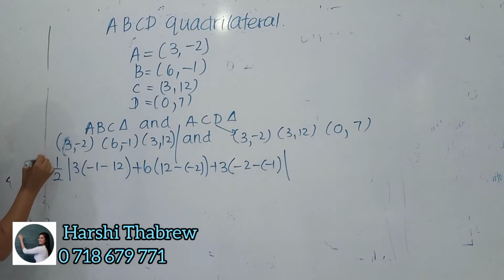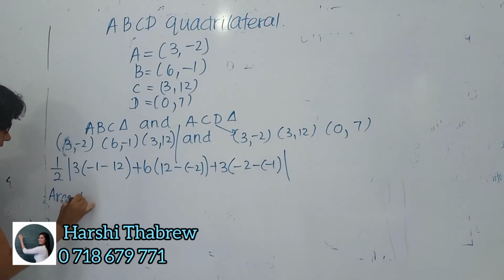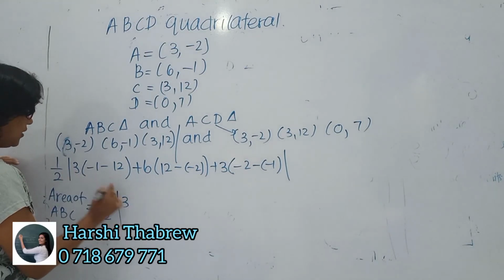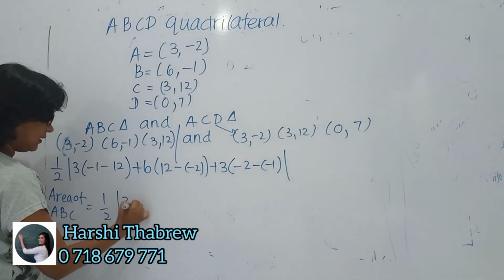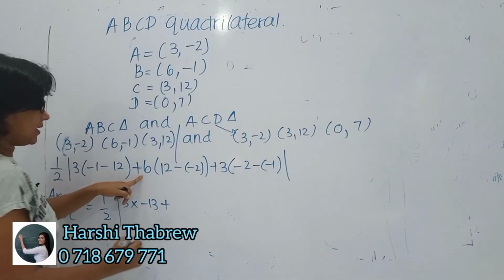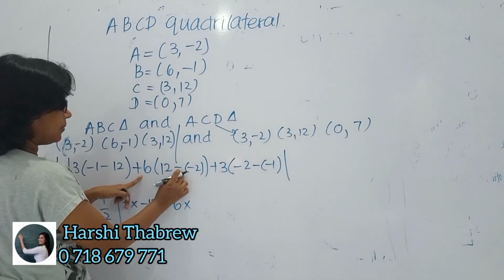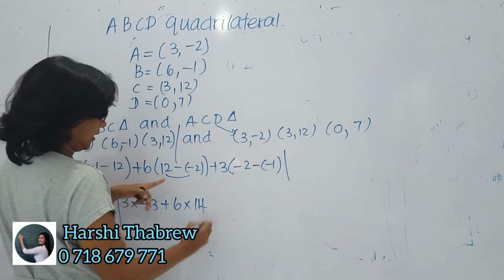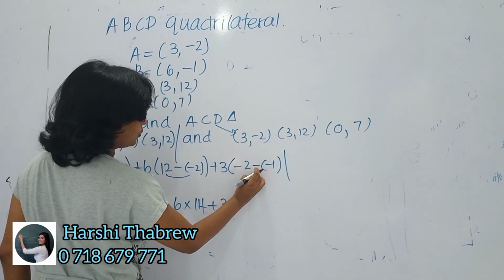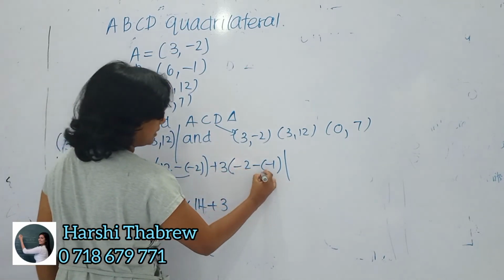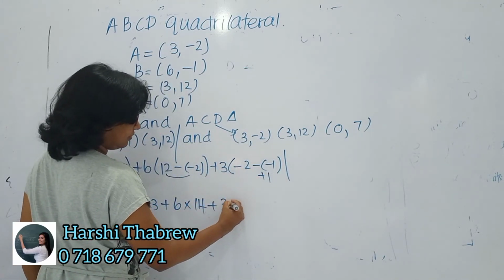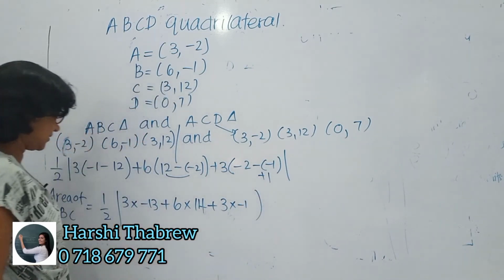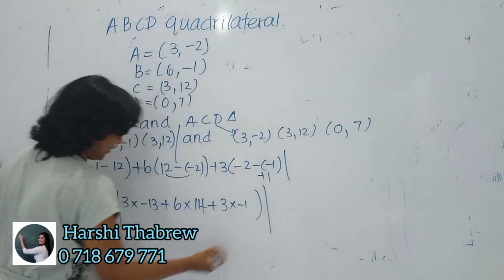Area of ABC equals half into 3 into negative 13 plus 6 into 12 minus 2. That means you have to add these two. It's 6 into 14 plus 3 into negative 2 minus 1. That means this becomes plus 1. Then the sum is negative 1. 3 into negative 1. I think it's clear. Then its modulus of that.